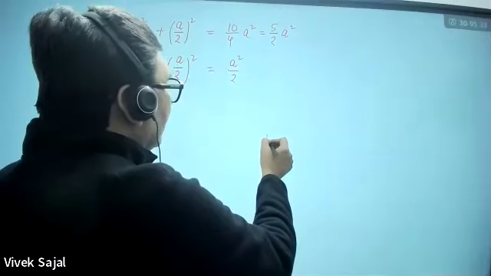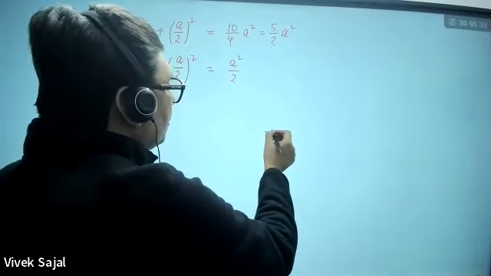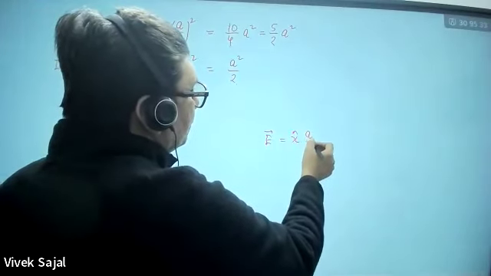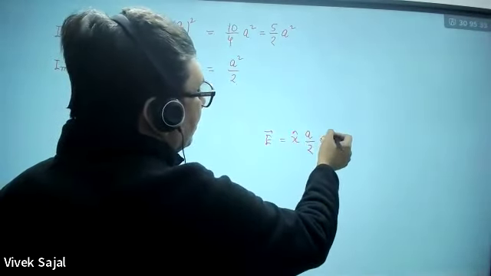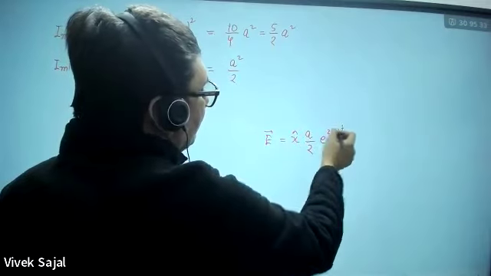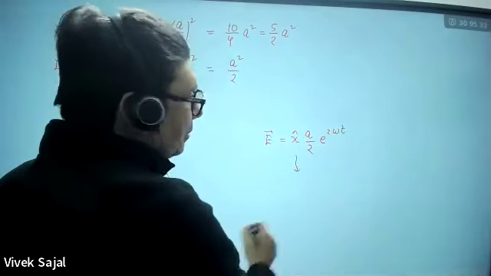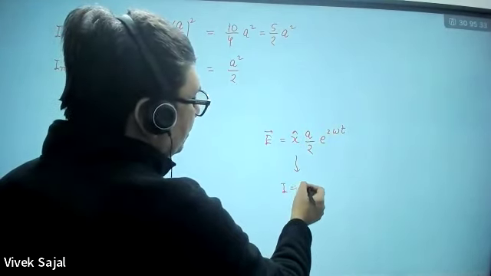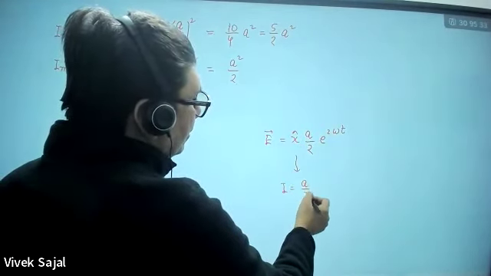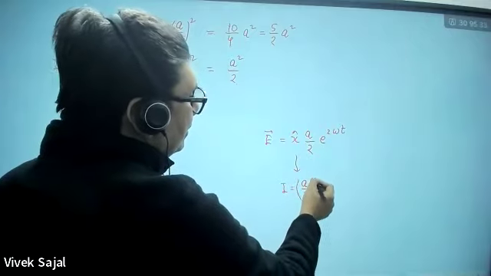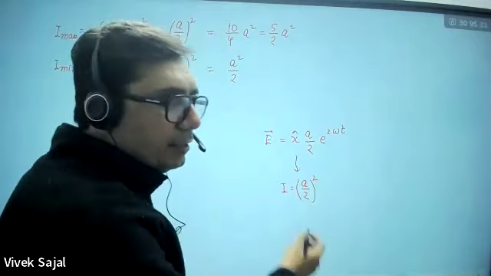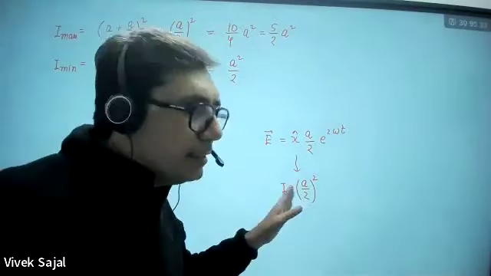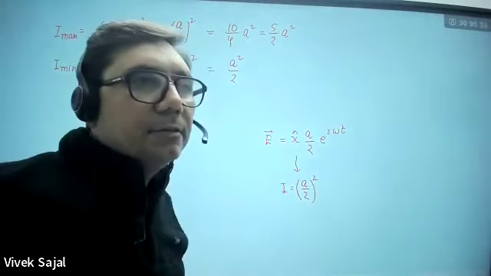You are having this electric field also, x cap A by 2 e to the power i omega t. What will be the intensity due to this? This will be simply amplitude square. So intensity due to this will be (A/2) square. This will be the intensity everywhere. Here there is no redistribution of intensity. This intensity will be present at every point.